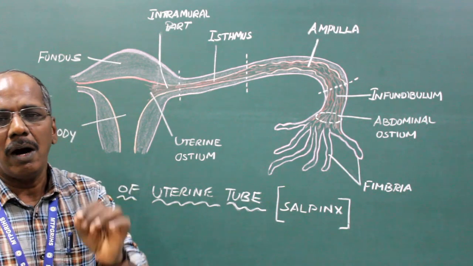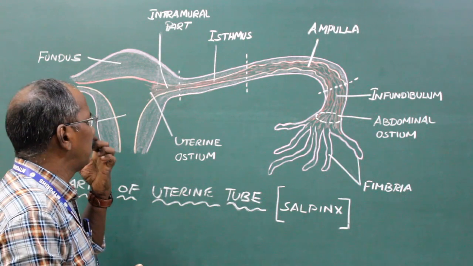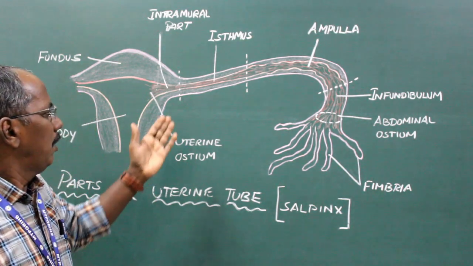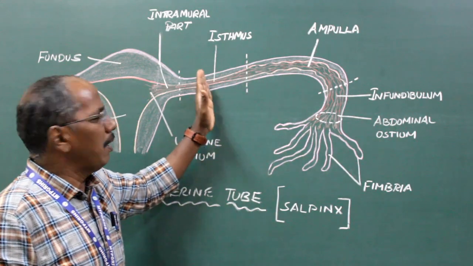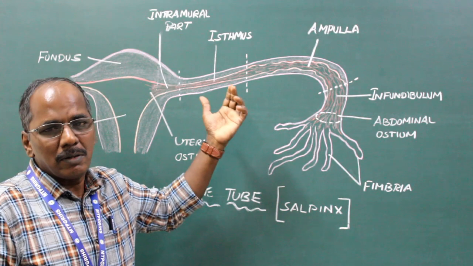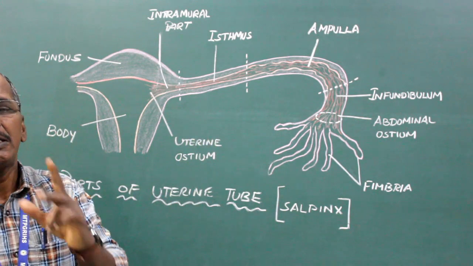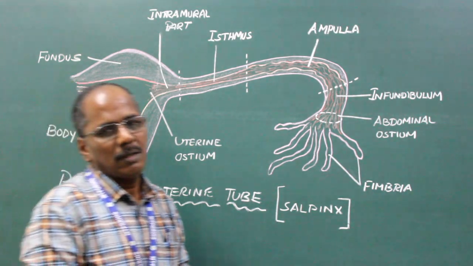It is the most common family planning method in female. In this procedure, the uterine tube is ligated at 2 points and the segment of the tube between the ligature is resected. It is done in both the tubes.